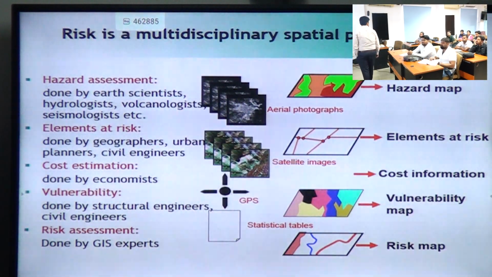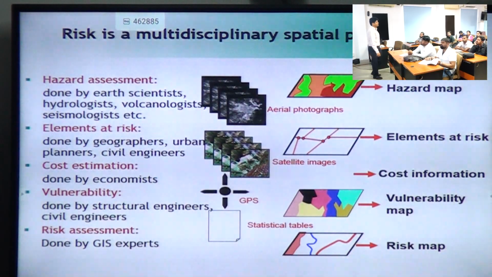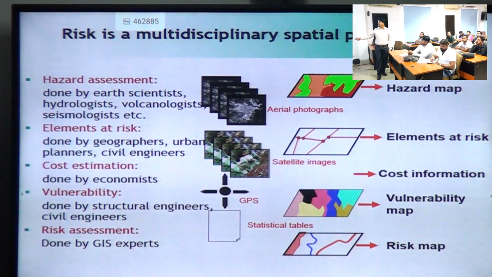Element at risk means which element at risk is going to be where, and how much and how many. Vulnerability: how much water, where, which element at risk are there. See, again and again I am trying to reiterate these things because these are the basic fundamentals of doing any assessment. You get this thing wrong, everything goes wrong.